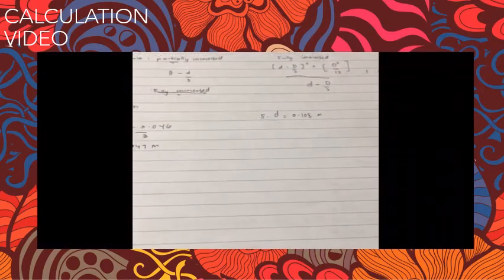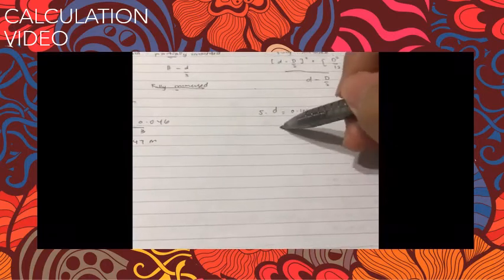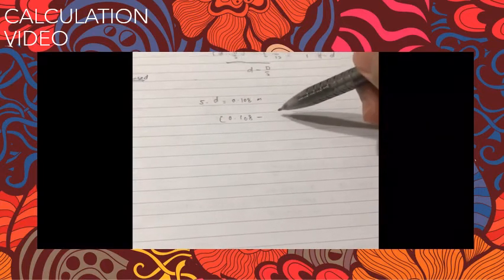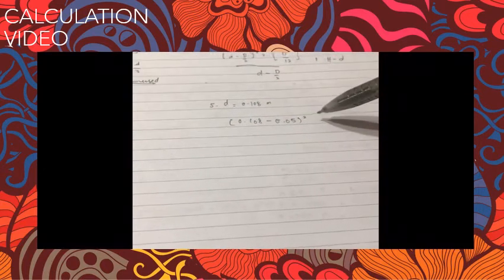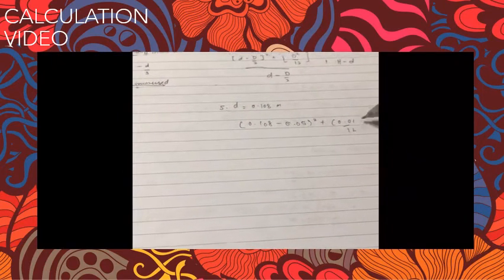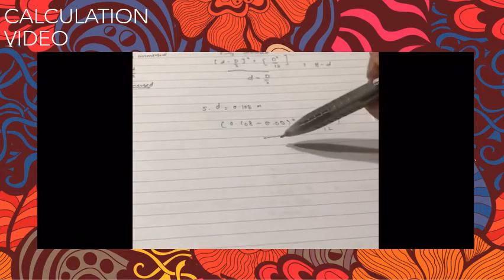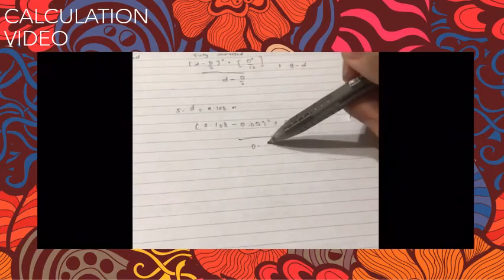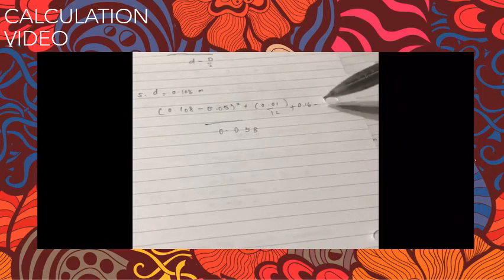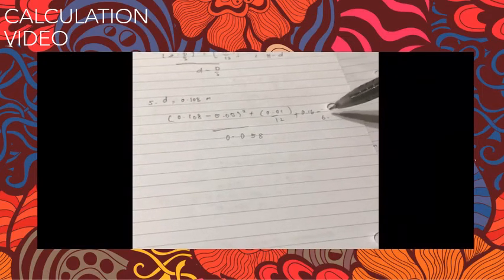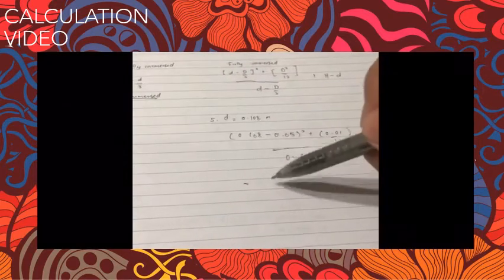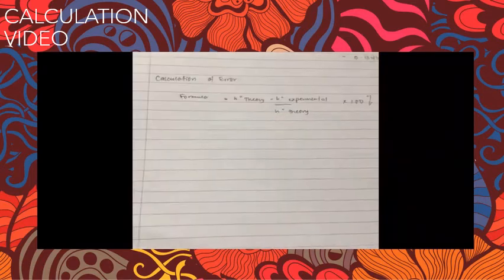So we just substitute the value of D, which means 0.108 minus 0.05, plus 0.01 over 12, over the 0.058 plus 0.16 minus 0.108. Okay, so the final answer is 0.1244 meter. Go to the calculation of error.